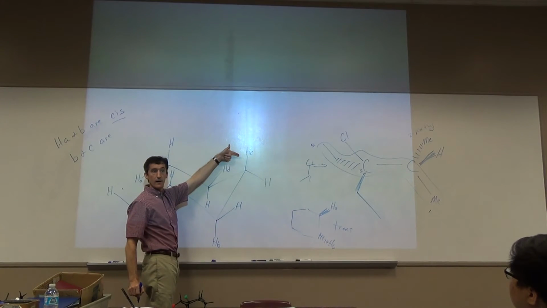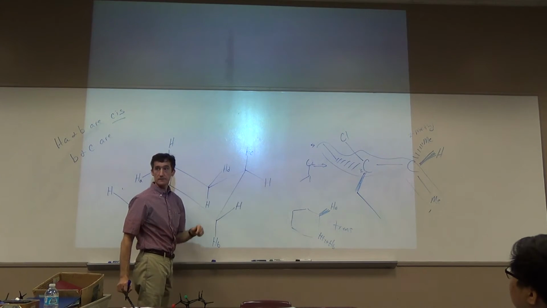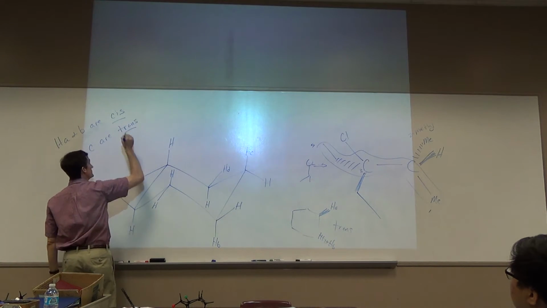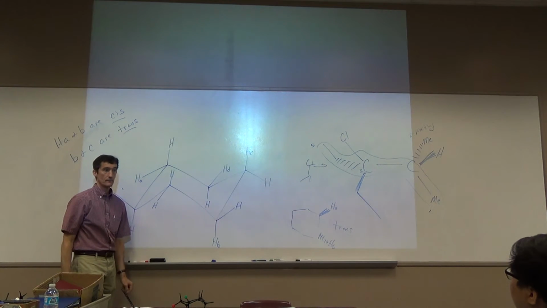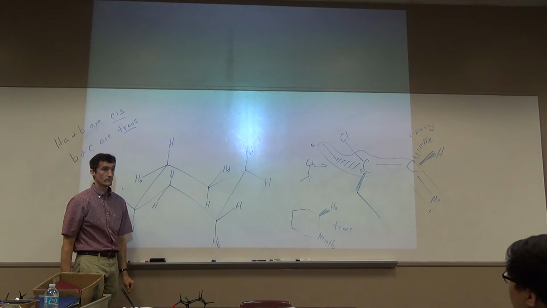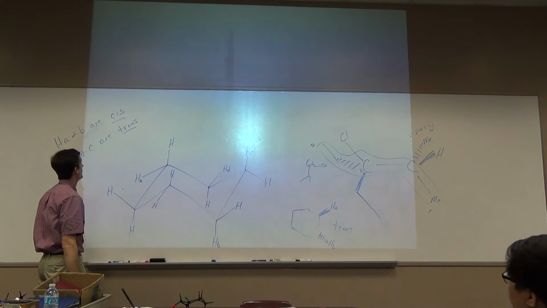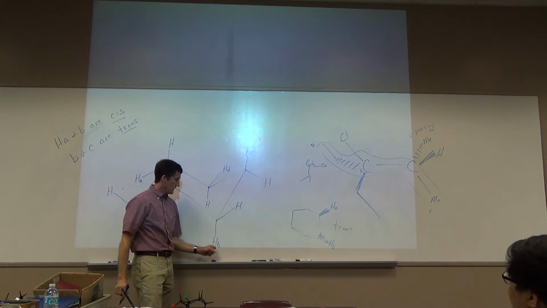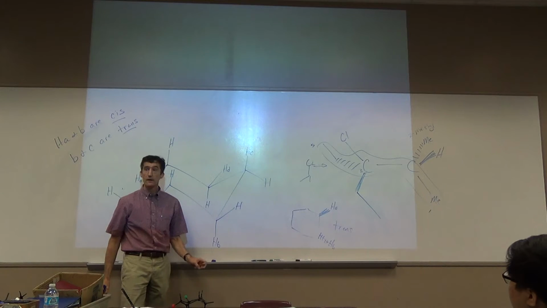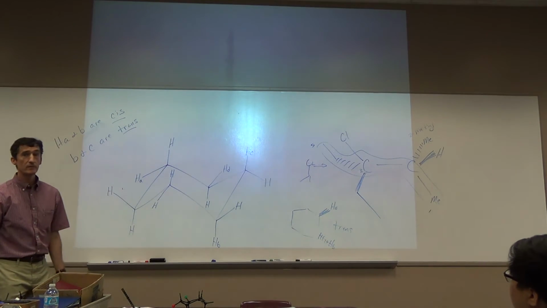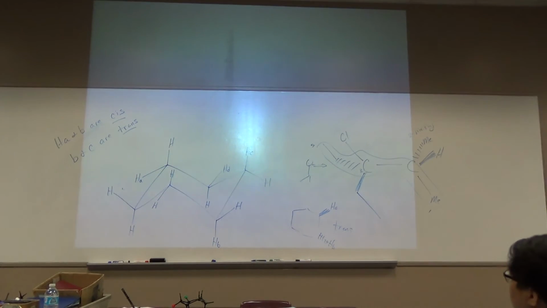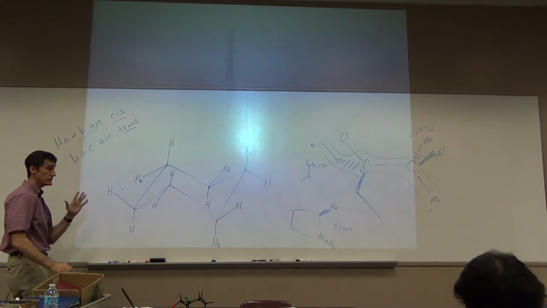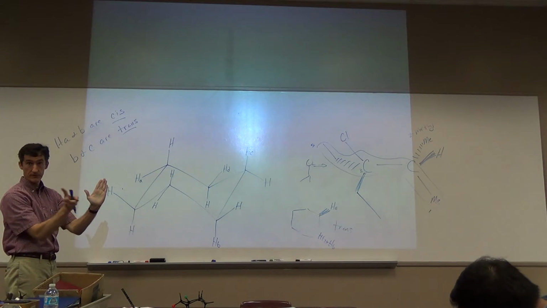C is up compared to the H that's there. So B and C are trans. Now, in terms of axial or equatorial, C and B are both what? Axial. C and B are both axial. But that doesn't make them cis. They're actually trans to each other. And if you drew this molecule flat, you would see them pointing to opposite sides.